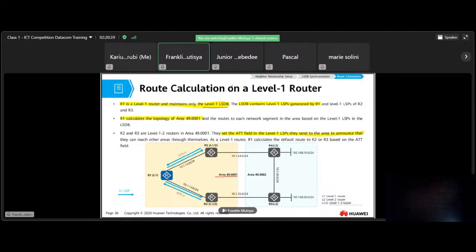Okay, thank you. All right, so once we perform the calculation on the topology based on the area, I've shown you the area IDs here. Each area will have its own unique area ID. These routers that are in this area will set what we call the attached bit or the attached field, which is like a flag that indicates whether a router is connected to level 2, or maybe level 1-2.